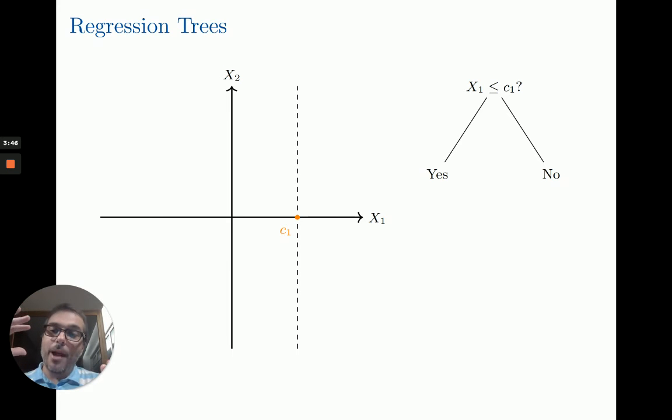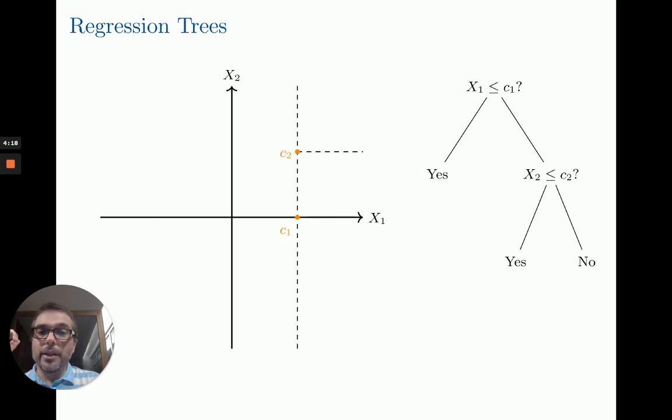first, I'm going to describe how to make the regions, and then after that, I'm going to describe what we are going to do with the regions. Okay. But basically, imagine that we have points spread all over this region defined by x1 and x2. We are splitting the space in two subspaces: the one where x1 is less than or equal to c1, and another subspace where x1 is greater than c1.